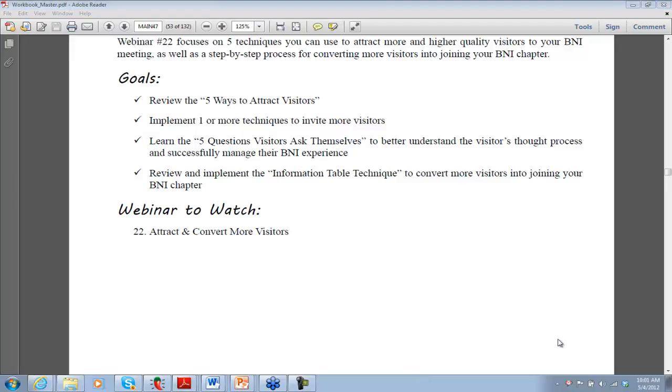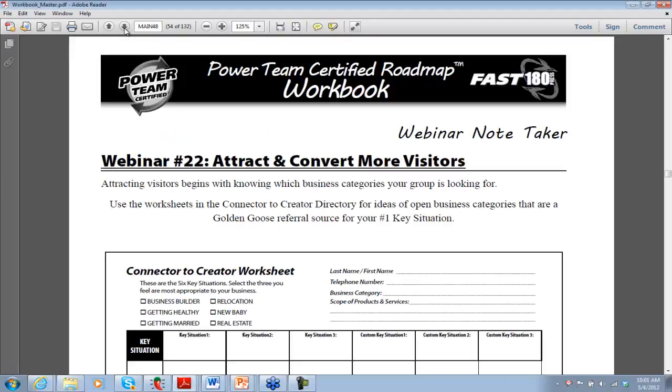All right, so we're good to go there. Let's dive into page 48, Attract and Convert More Visitors. So the power of intention, okay, we talk about it specifically in the Money on the Table book, in the chapter on growing the Power Team. It really starts with knowing what you're looking for.